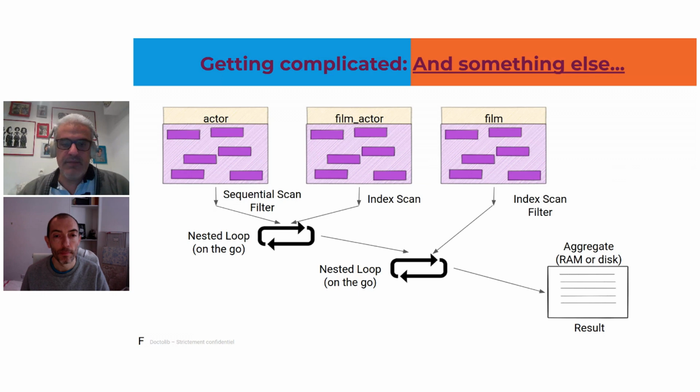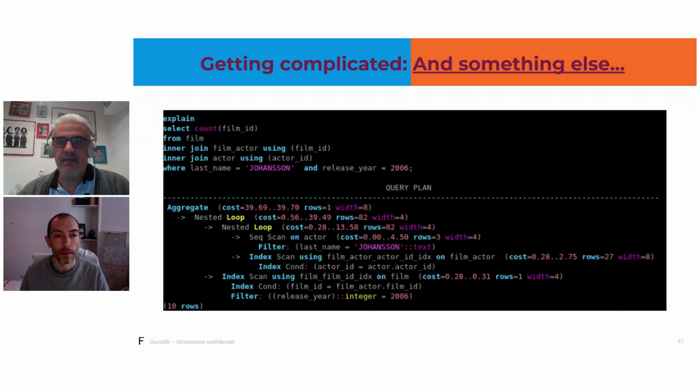That's why I'll get back to the previous slide. That's why the initial cost is not zero anymore. I need to run all the plan that is below the aggregate to aggregate at the end. This is one thing that I can only do at the end. So the cost of retrieving the first row or all the rows is exactly the same.